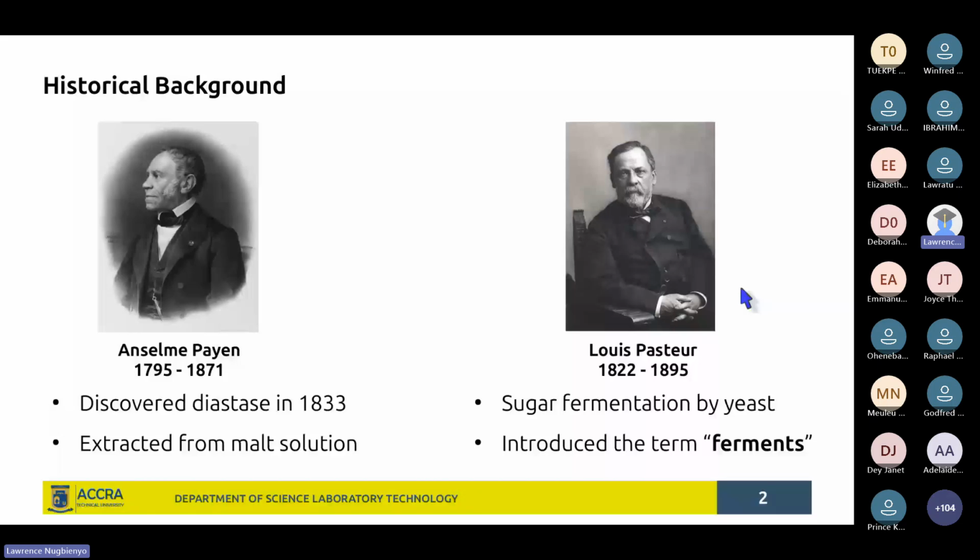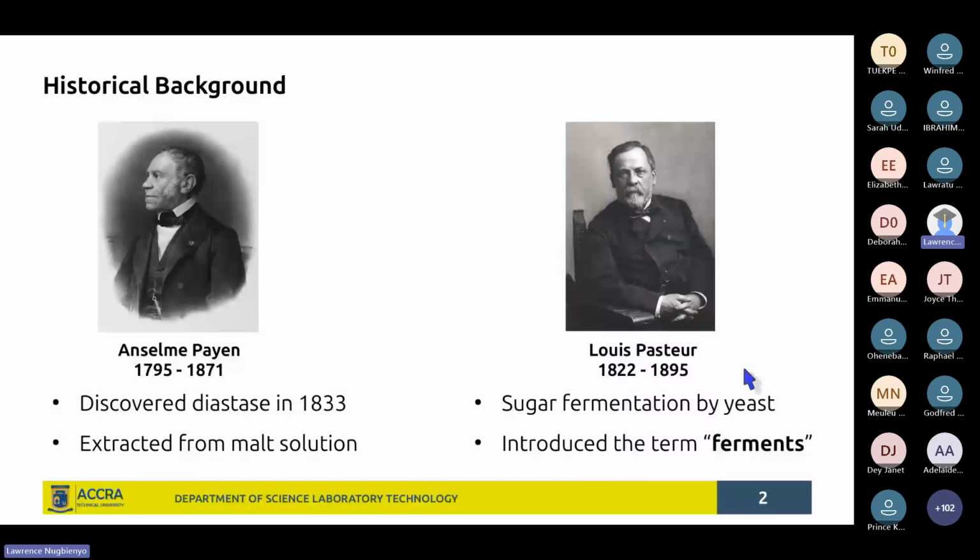Because up until then, what was being taught was that the fermentation process was a result of the dying and the decay of the yeast cells, as if it was the decaying of the yeast cells which was causing the fermentation effect that was being observed. But Louis Pasteur came up with the discovery that the fermentation process was occurring in the living cell, and not that the cell was dead and decaying.